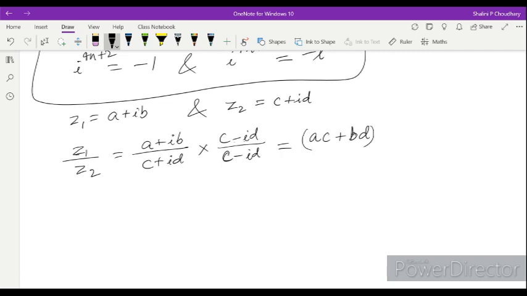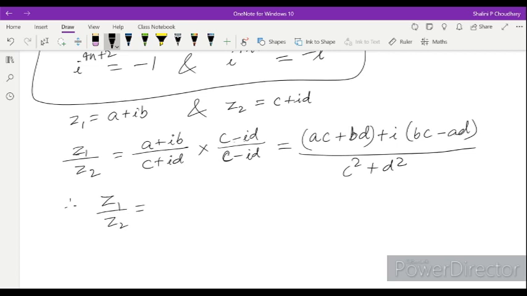Okay, plus i into bc minus ad, okay, divided by c square plus d square. Okay, तो c square plus d square हम लेंगे, then we can find out the value. So z1 का upon z2 का value क्या होगा, तो real part will be ac plus bd divided by c square plus d square.